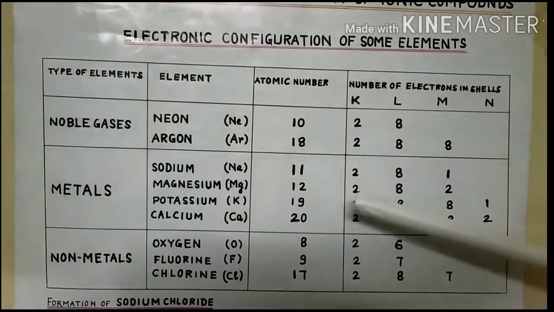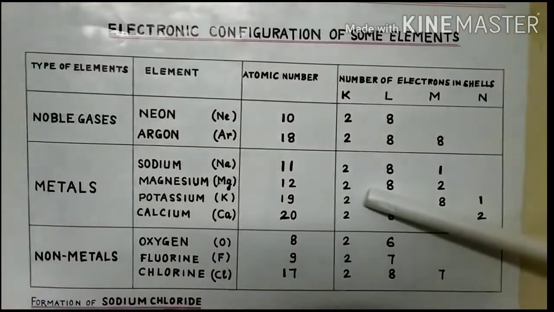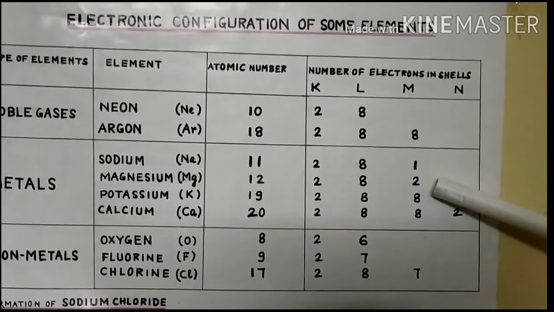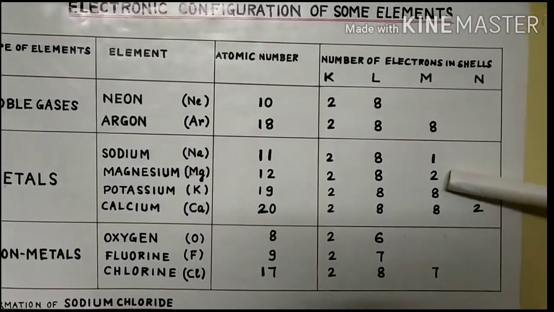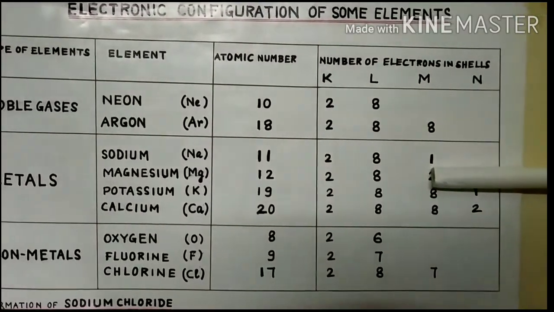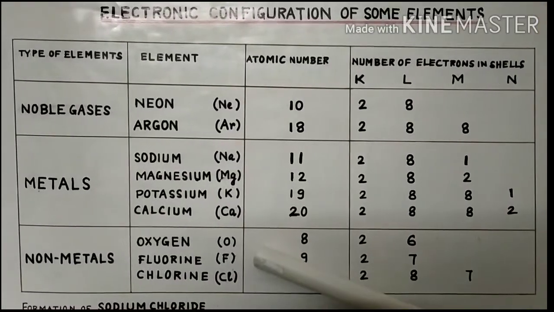Magnesium. Its electronic distribution: K shell 2 electrons, L shell 8 electrons, M shell 2 electrons. If it loses these 2 electrons, it will form a +2 magnesium ion. On the other hand, oxygen.